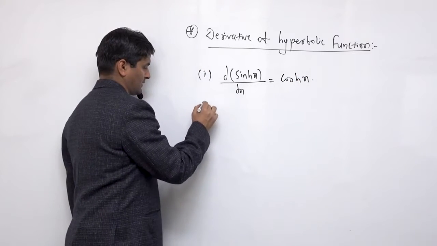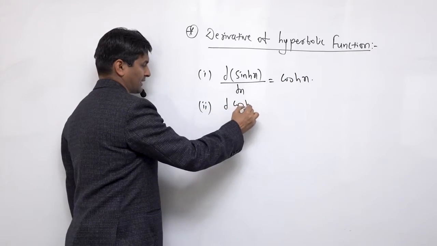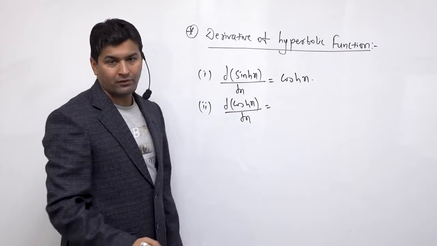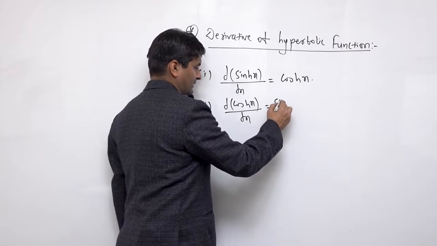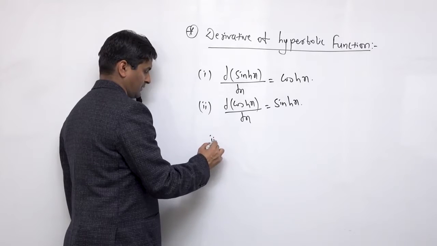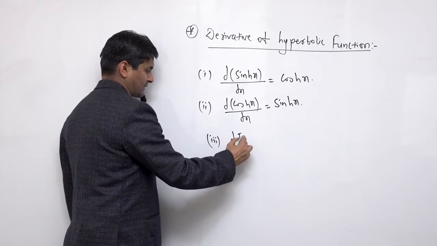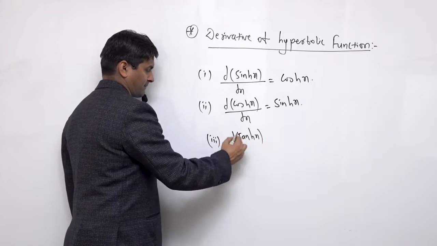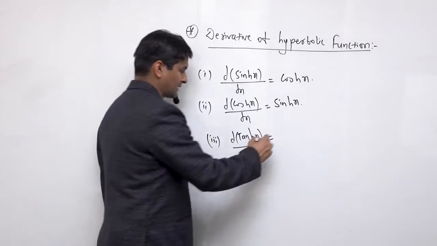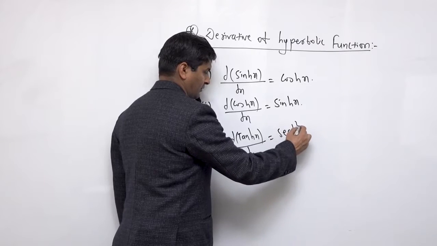Second, derivative of cos hx with respect to x. Derivative of cos hx is sin hx. Third, derivative of tan hx. Derivative of tan hx is sec h square x.